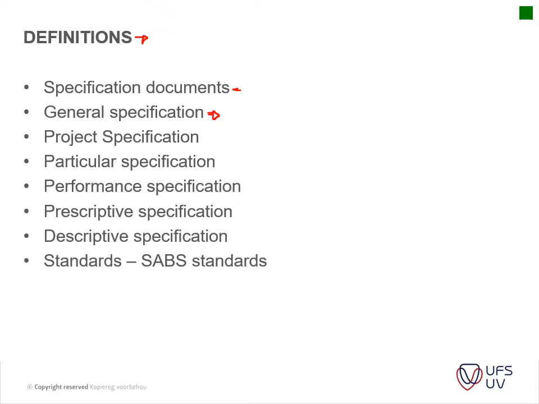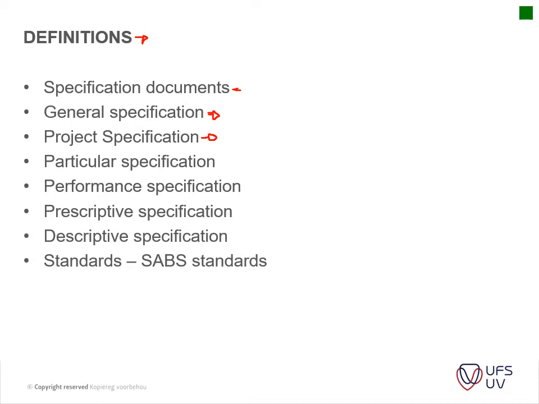Then you've got your project specification, going into more detail on the project. It is a one-story house of this size, with medium type finishes, or it's a very difficult build where you would need a crane.